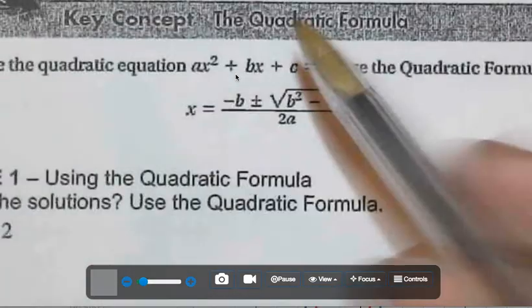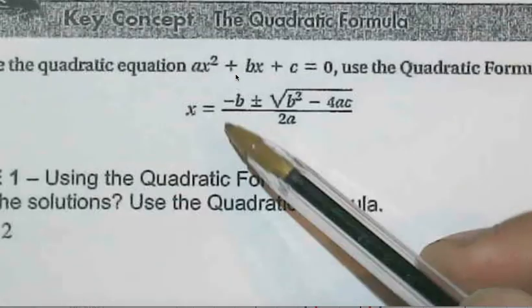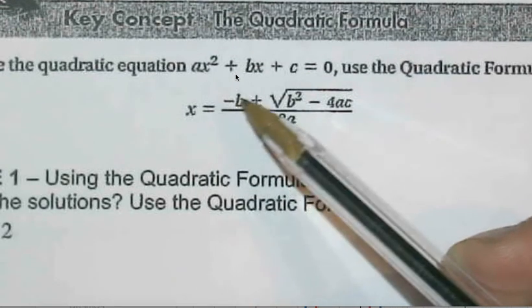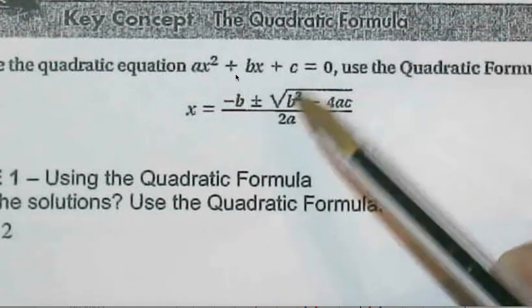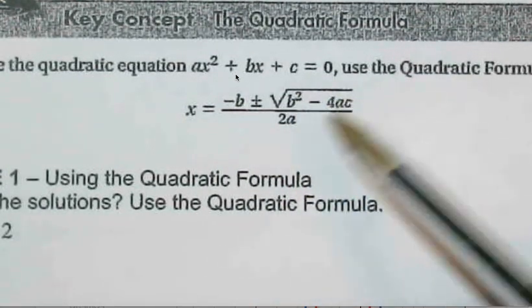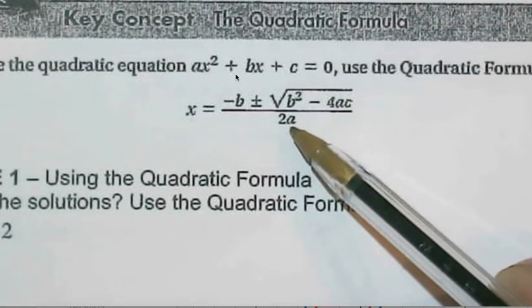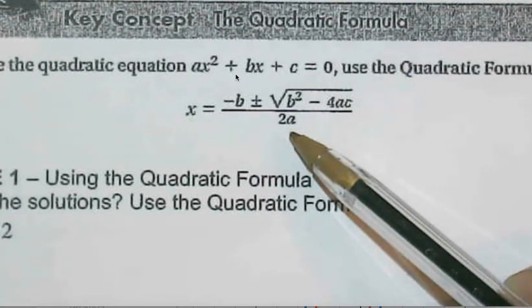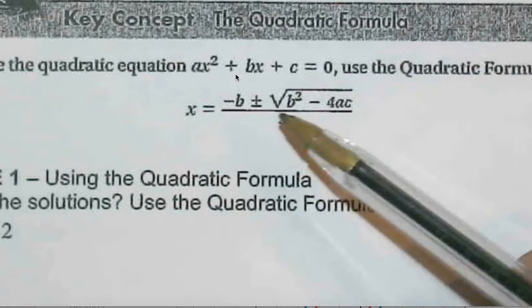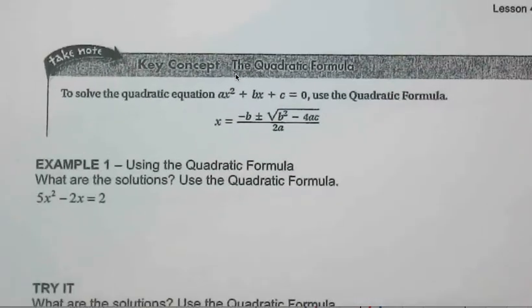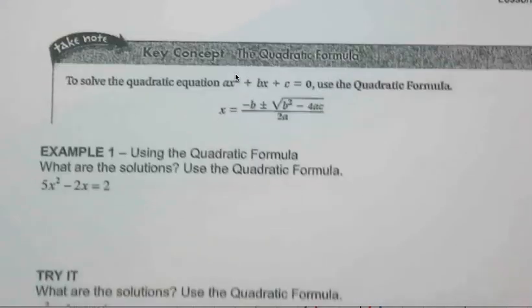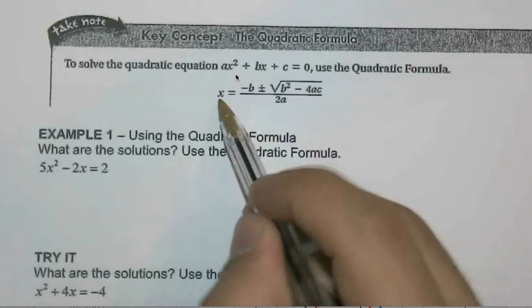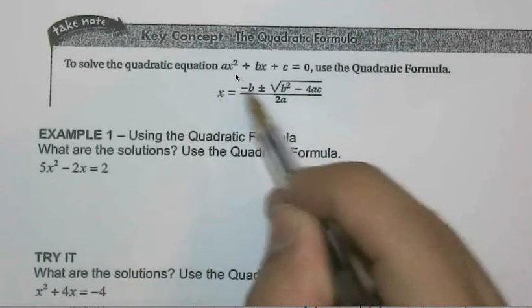And my Algebra 2 students know this from a few years ago still, so that's awesome. X equals negative b plus or minus square root b squared minus 4ac all over 2a. It sounds crazy. It makes me think of ice cream, but ice cream's great, and that makes it stick for me. So what this does, again, will give us solutions, but it depends on how we use our coefficients.